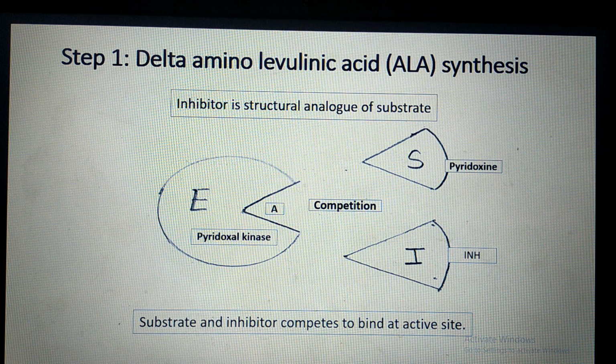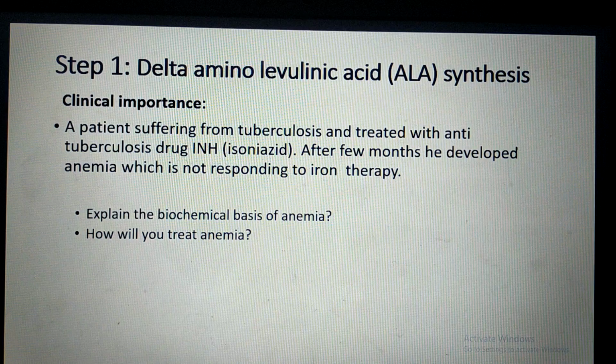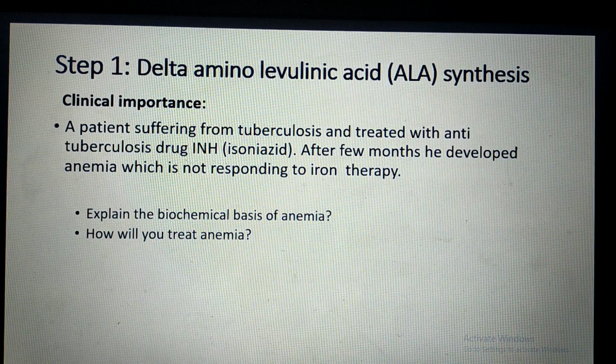Therefore, pyridoxine is not converted into pyridoxal phosphate, and due to absence of this coenzyme, the rate limiting step of the heme synthesis pathway occurs at a slow rate, and hence heme synthesis occurs at a slow rate. Now, this is the biochemical basis of anemia.